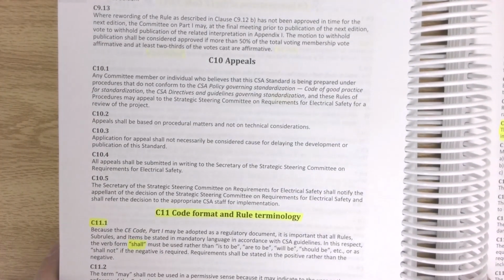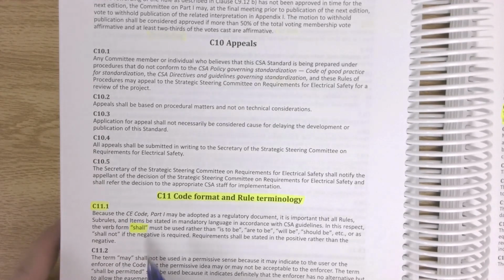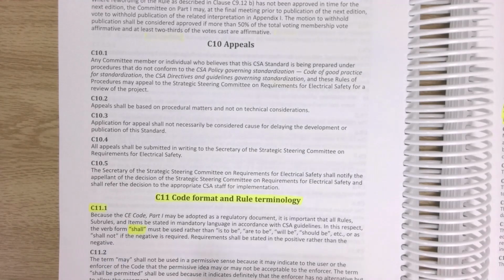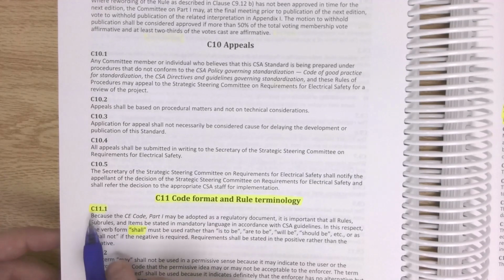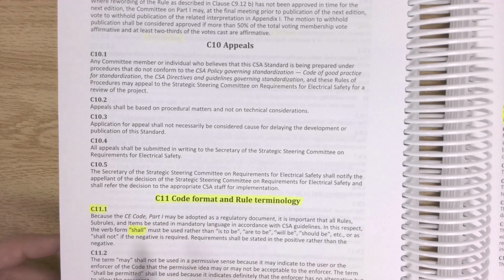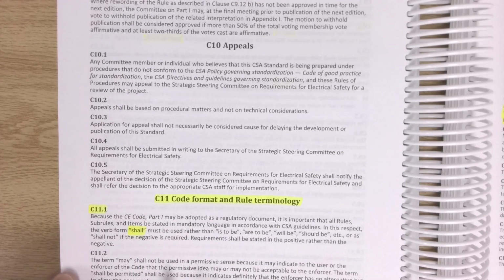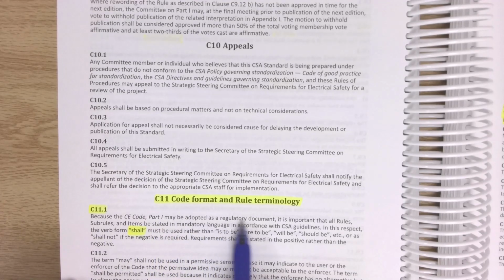But I also wanted to go over to C11.1, because this part of Appendix C is laying out, let's call it, the legal language of the code book. So it says right away, because the Canadian Electrical Code, Part 1, this book, may be adopted as a regulatory document, it is important that all rules, sub-rules, and items be stated in mandatory language in accordance with CSA guidelines.